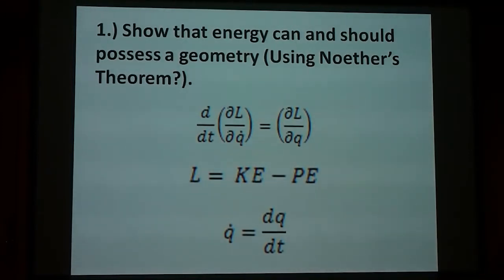So in the case of a falling object in the classical Newtonian description, we essentially have the Lagrangian of the system as being simply the difference between the kinetic energy and the potential energy.